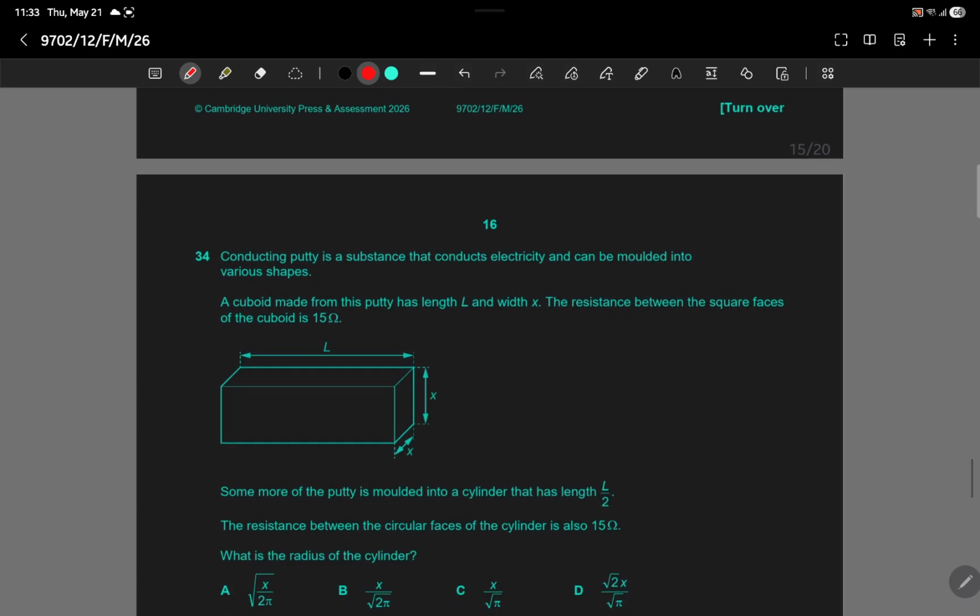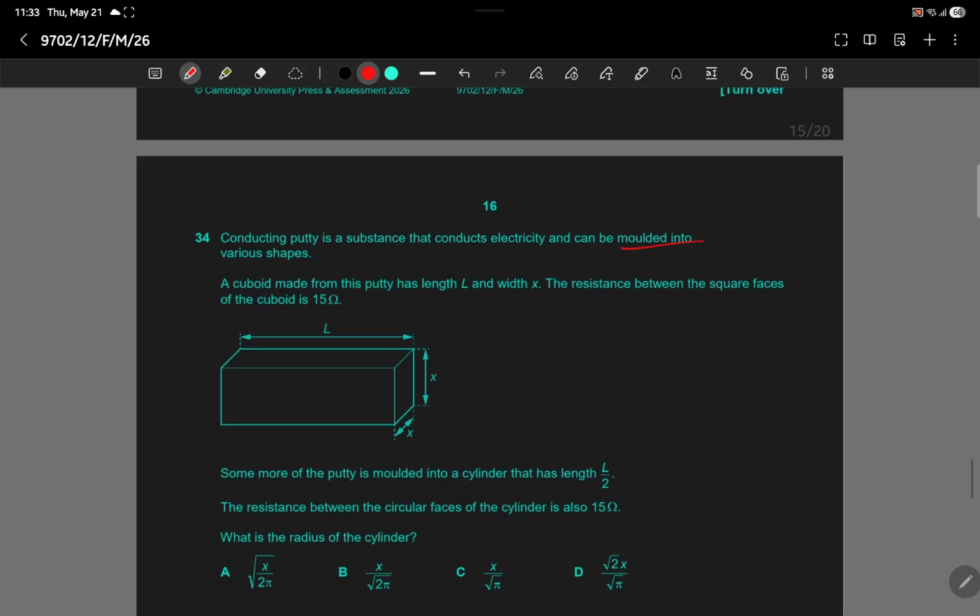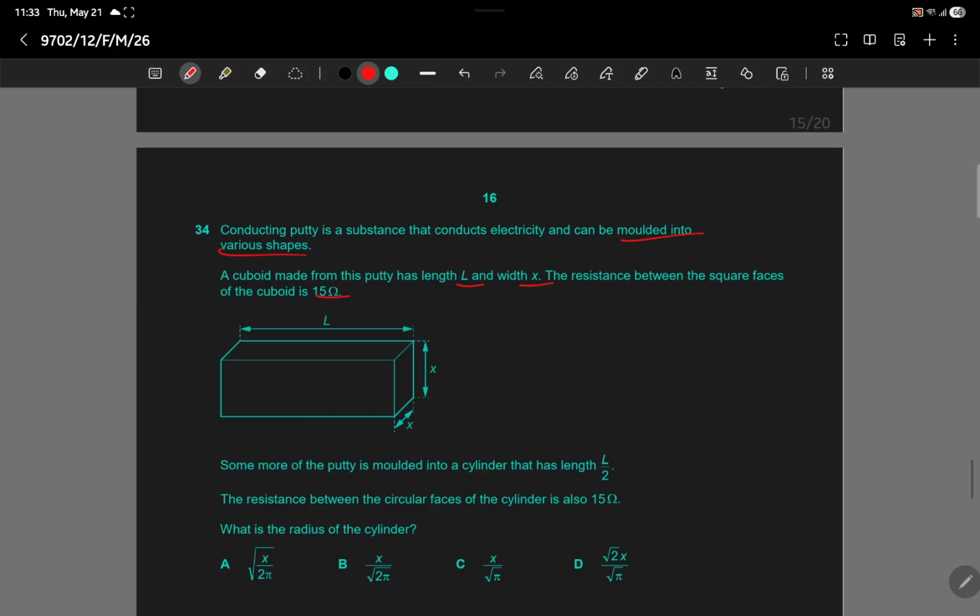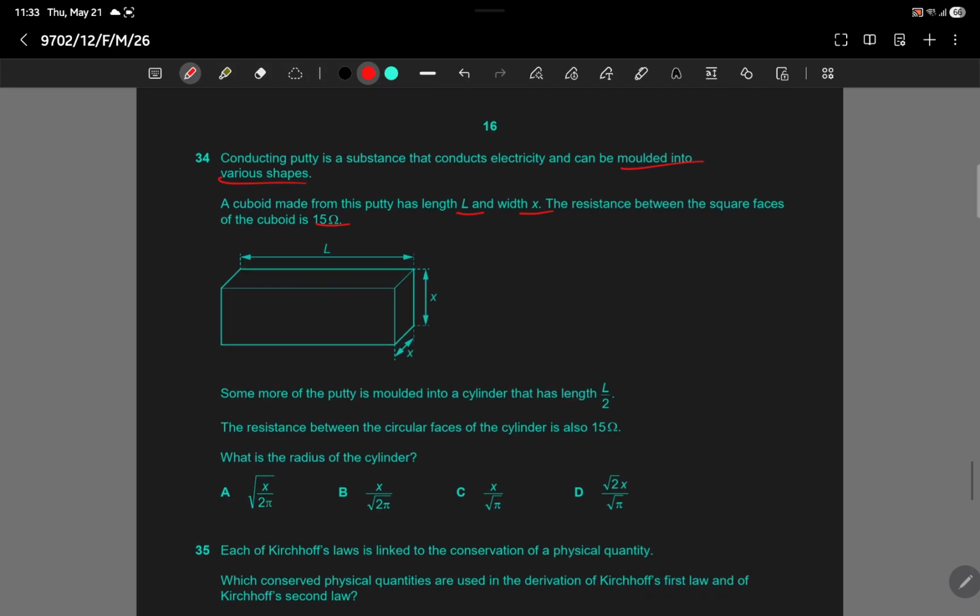Okay. Now, a conducting putty is a substance that conducts electricity and can be molded into various shapes. A cuboid made from this putty has length L with square faces of side X. The resistance between the square faces of the cuboid is 15 ohms.